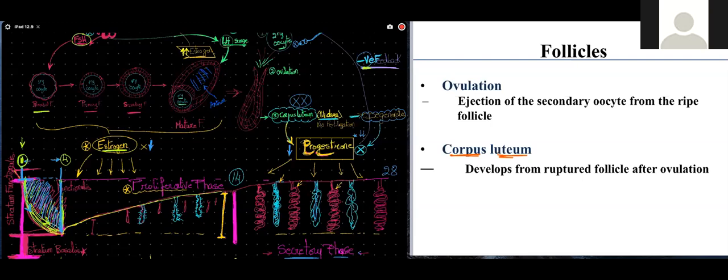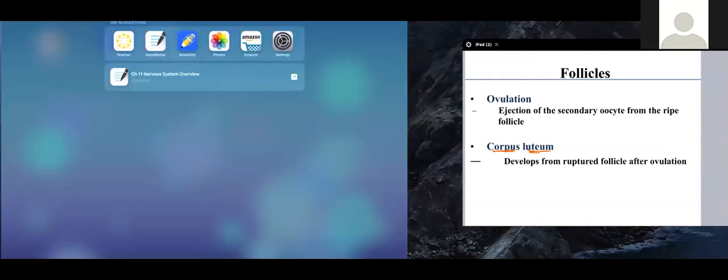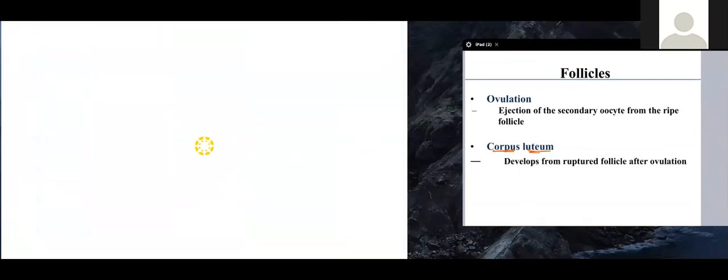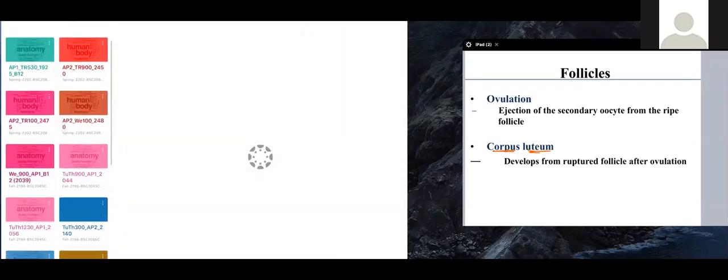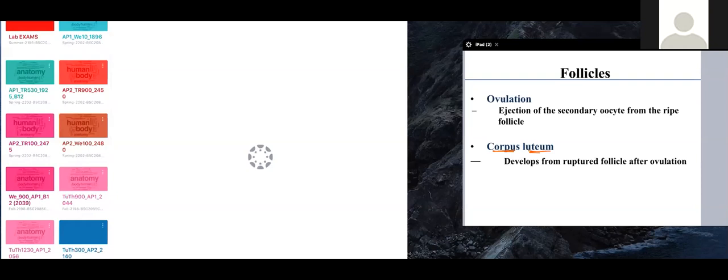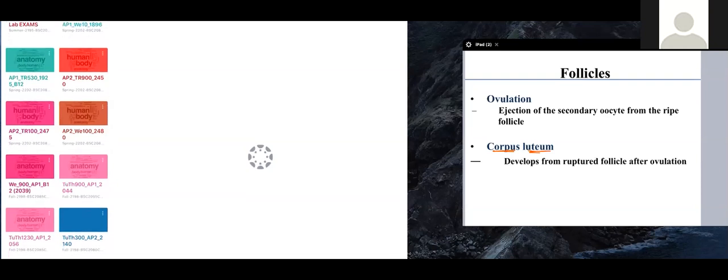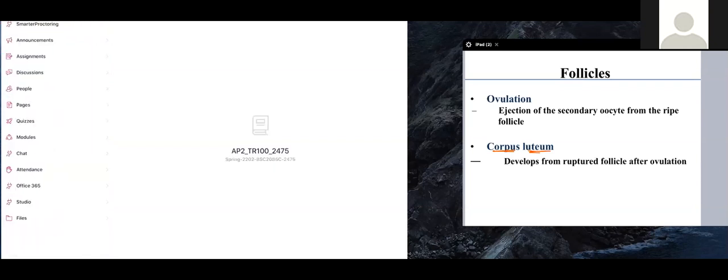So in order to get to it, see on here, this is Canvas. When you go to your class, what class, what time is your class? All right, so this is your class on here.